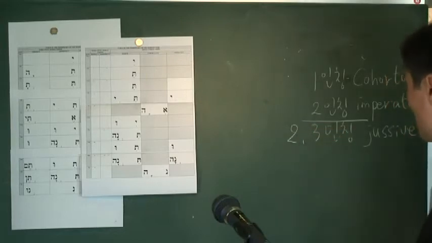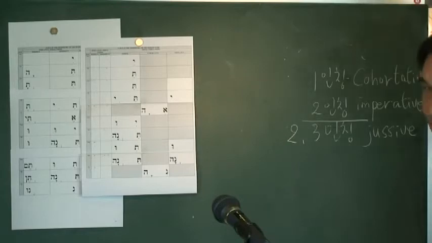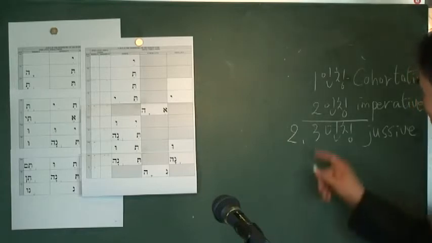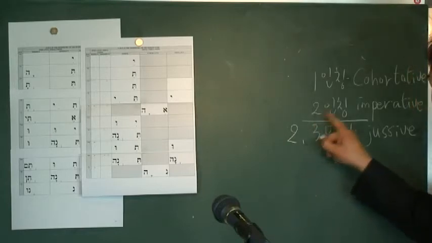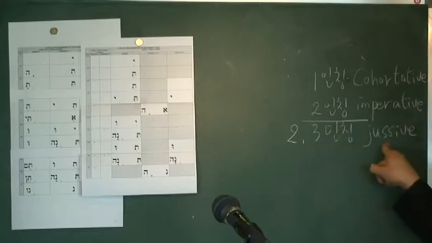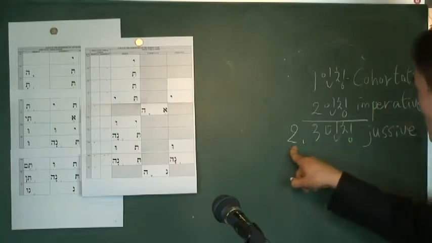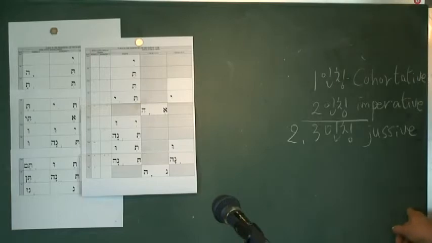Let me revise one thing. The jussive refers to the second person and third person imperatives. Therefore, the second person form is an imperative. The jussive is also a second person form.